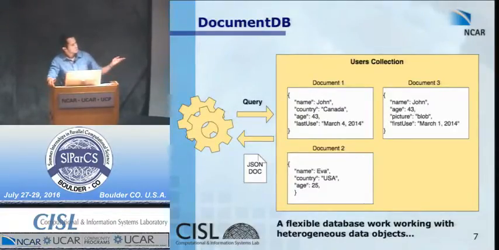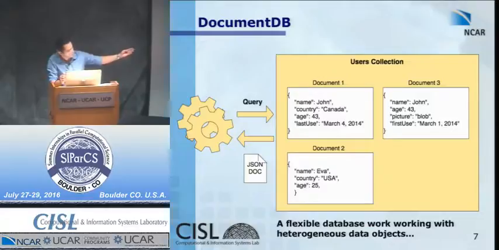The difference is, first, we see over there a user collection. A collection is like a table, for those that know the traditional database. And instead of rows in a table, inside the collection you have documents. If we see document 1 and document 2, we are storing data about some people.